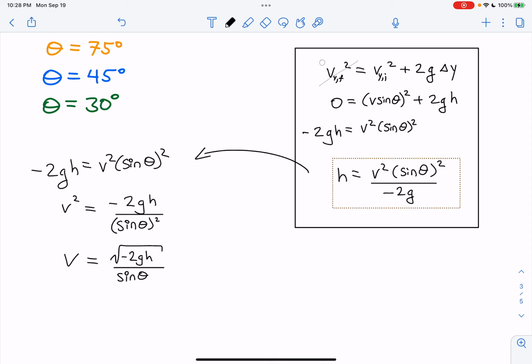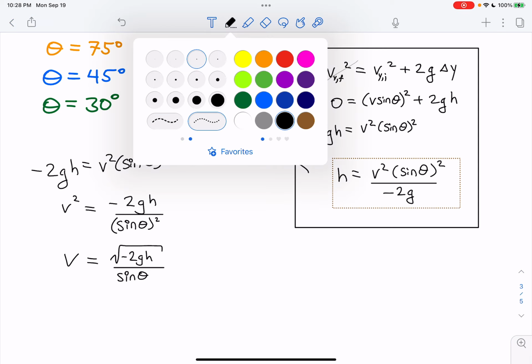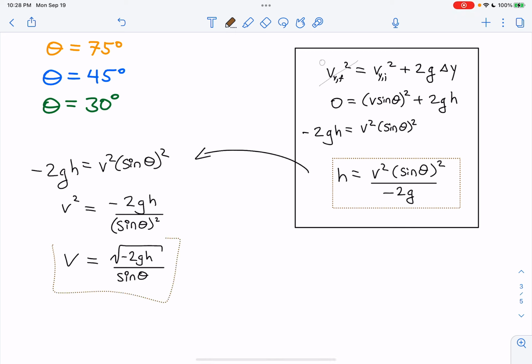Don't panic about the negative, because remember that g value is negative 9.81 meters per second squared. So we'll in fact end up with a positive value under the square root. Because that's important, let's draw a little box around it.